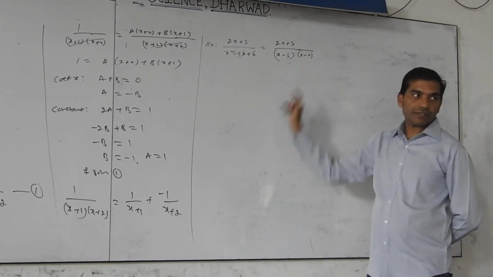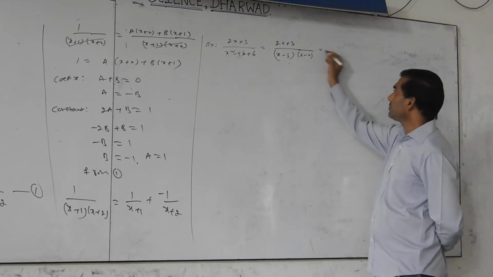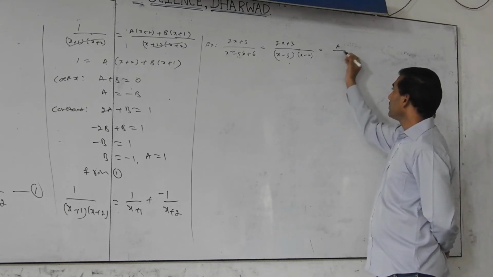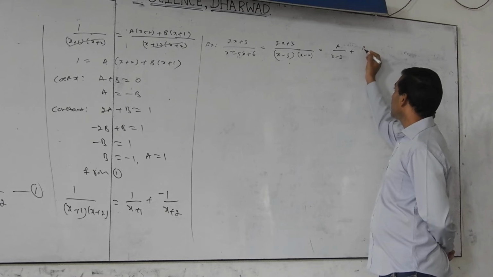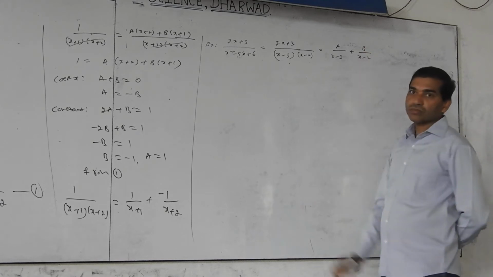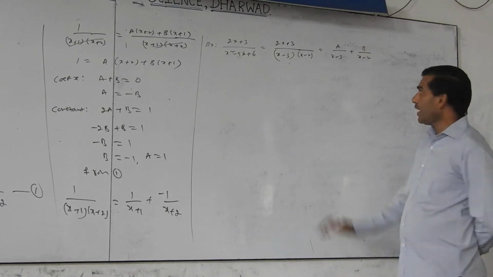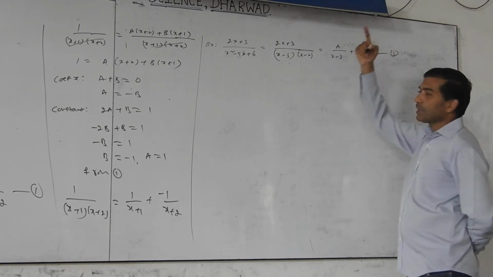Non-repeated linear factors, so the partial fraction is A/(x - 3) + B/(x - 2). To find A and B, first we compare the numerator.